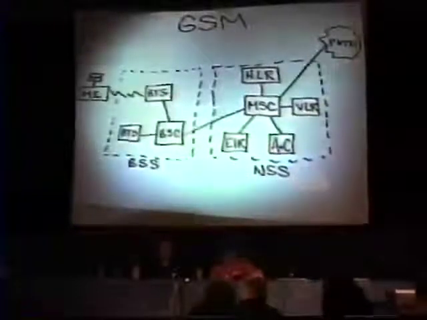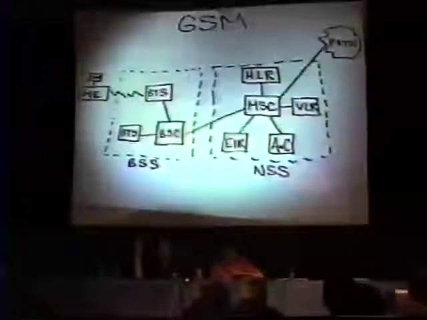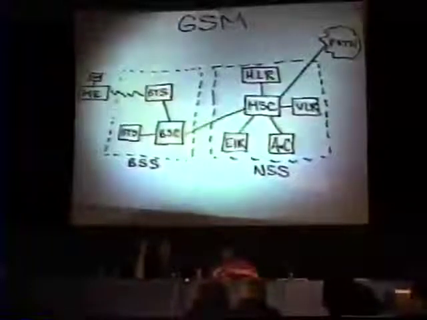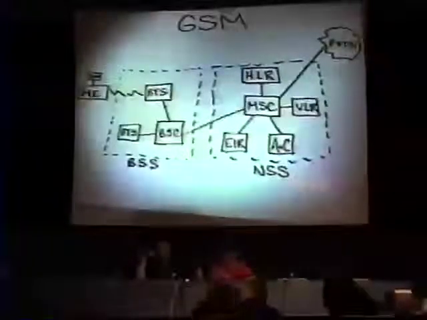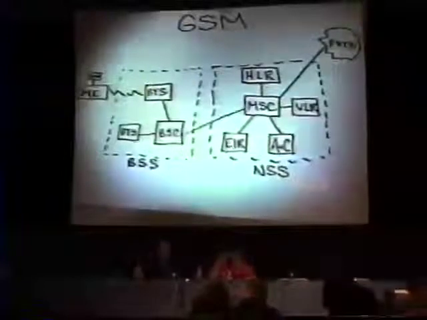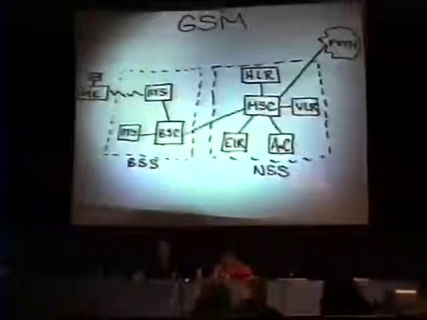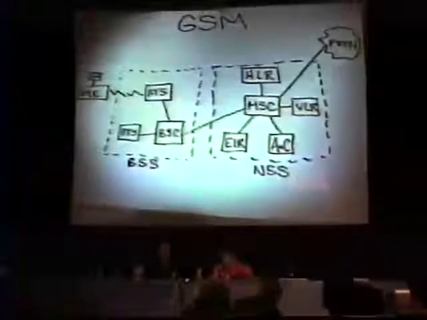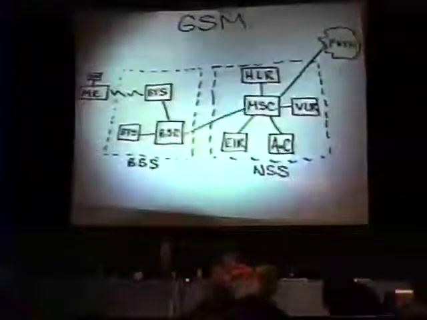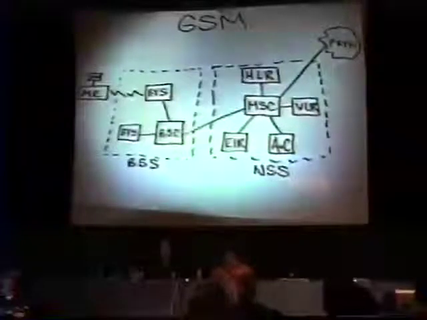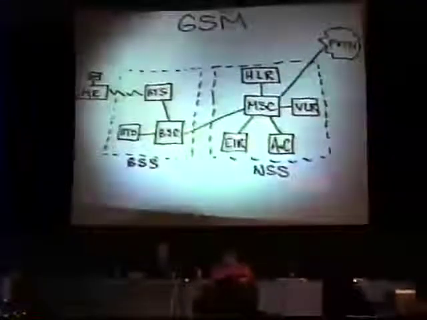The BSC is basically a means of doing diagnostics, making sure all the cells in a particular area are functioning properly, and all these tests can be done remotely. The BSCs connect to the mobile switching center, the MSC, better known as the switch.